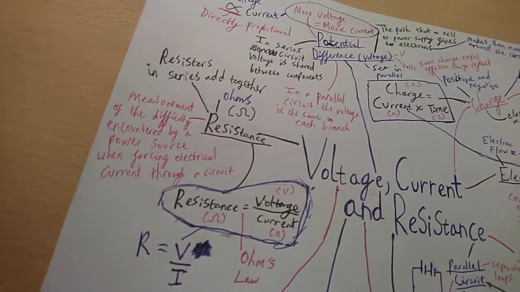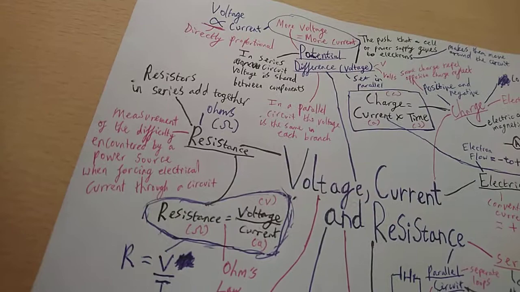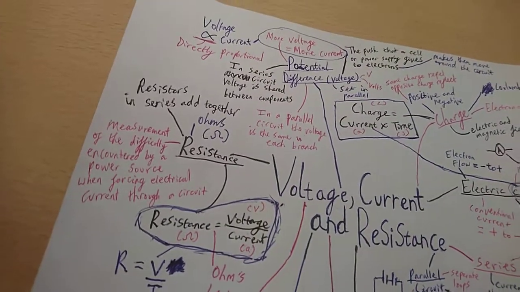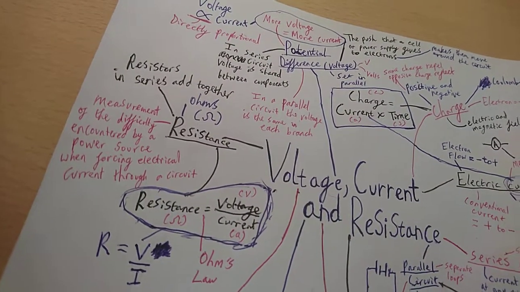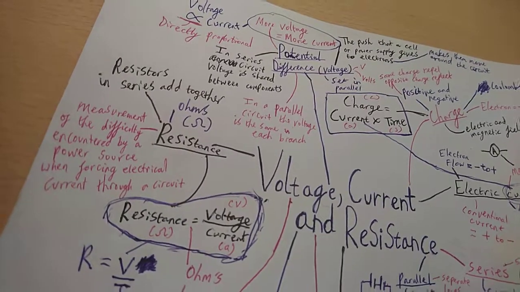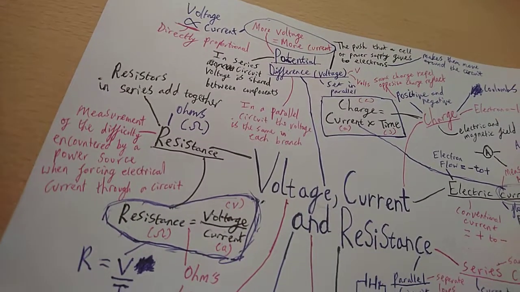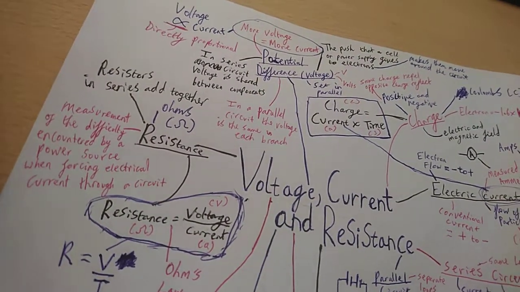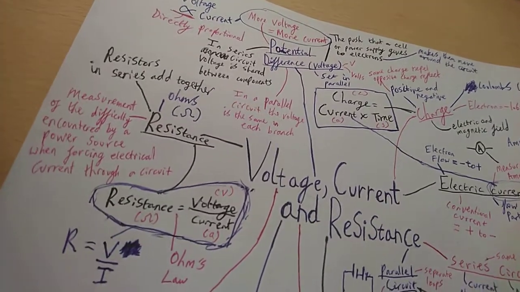It's the measurement of the difficulty encountered by a power source when forcing electrical current through a circuit. So it basically shows us how much is against the push of it, how much is stopping it from working properly.